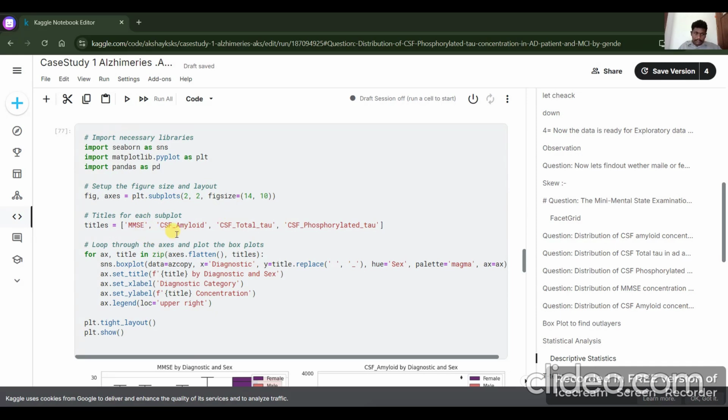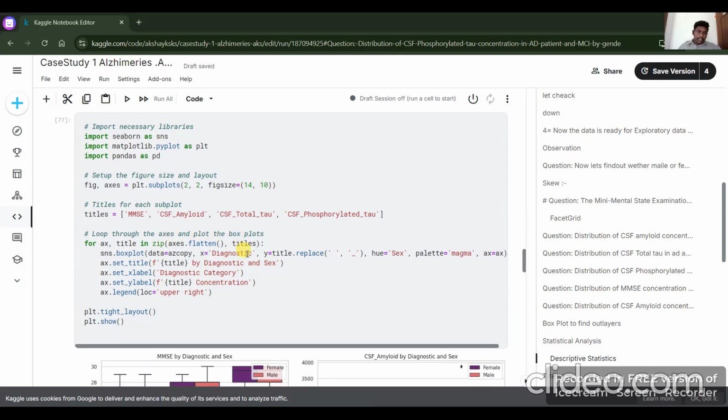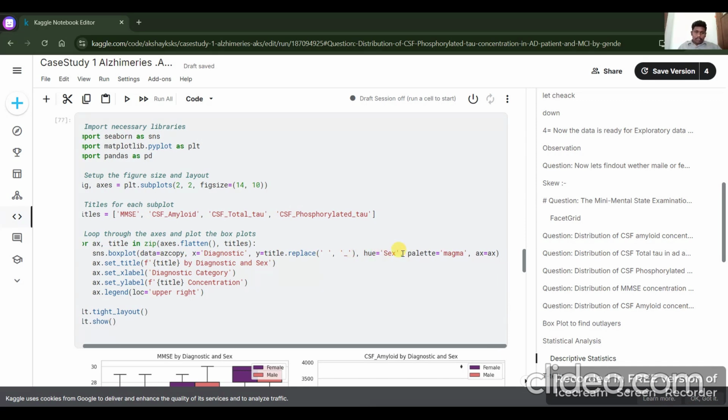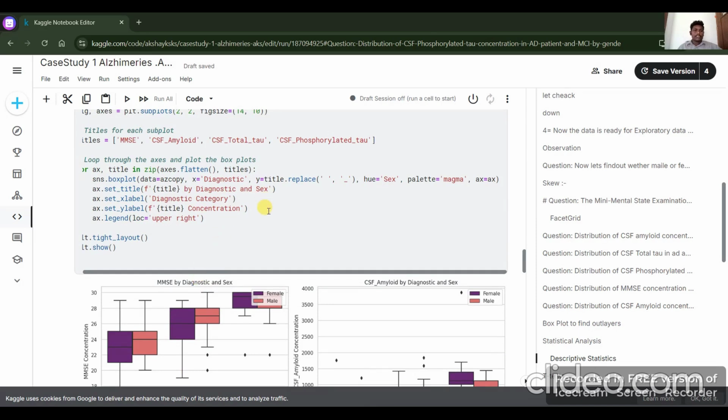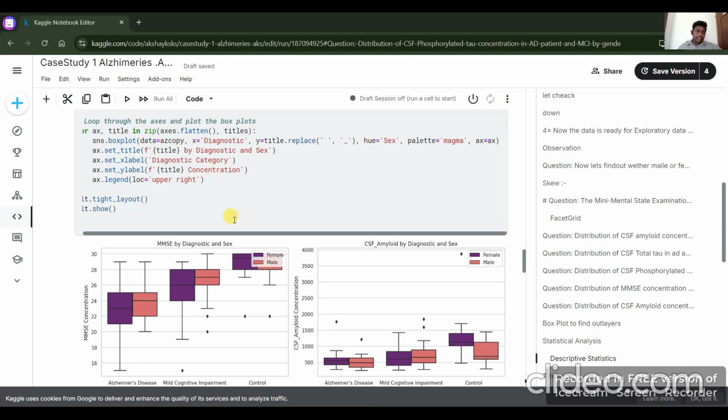For each plot we set titles: MMSE, CSF amyloid, CSF total tau, CSF phosphorylated tau, and loop through the axes. We plot the box plot with data from the dataset copy, with x as diagnosis and y as the title, hue as sex, palette magma, ax equal to the axis, and set the title diagnosis and sex, the x label as diagnostic category and the y label as concentration category.